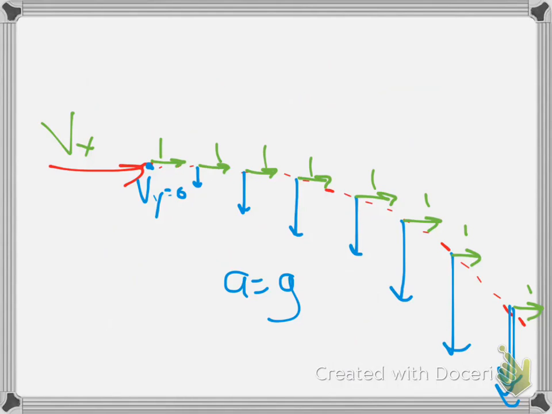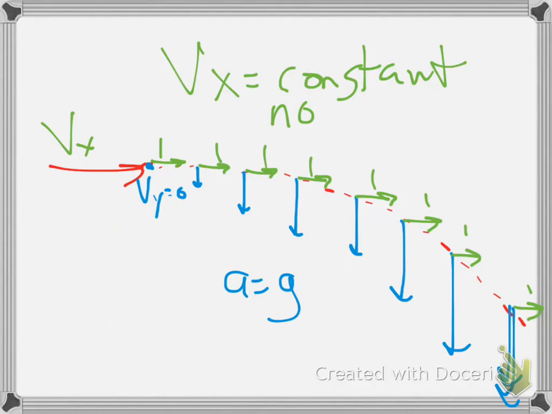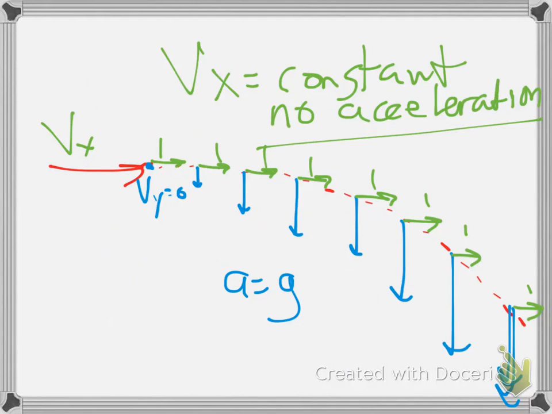Okay, velocity in the x is constant. Okay, which makes our life very, very easy. That means there is no acceleration. Okay, there's absolutely no acceleration. But there is acceleration in the y direction.